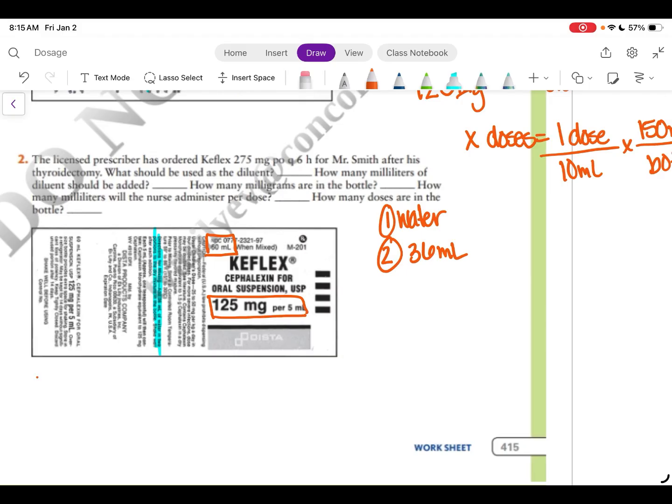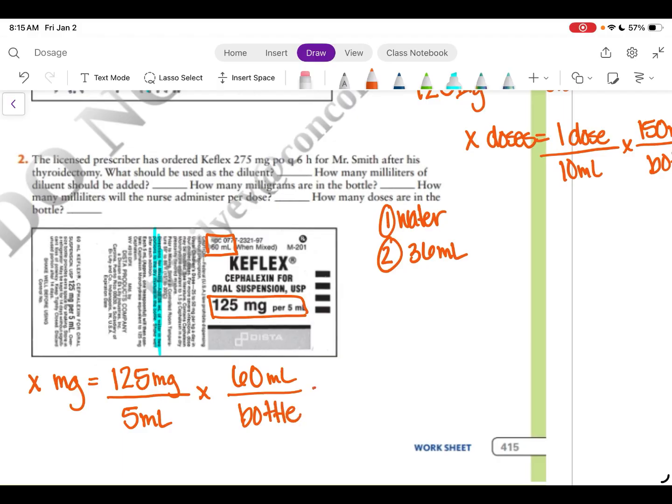So I will do X mg, because I'm looking for how many milligrams are in the bottle, using my known dosage, 125 over 5 times 60. Right. And I get 1,500.